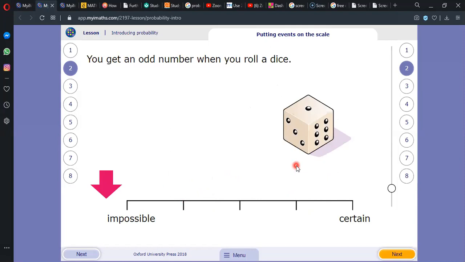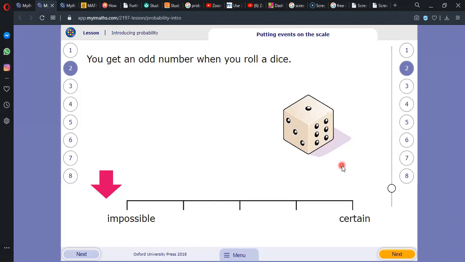This is a dice. Now, when you roll a dice, what is the chance that you get an odd number? We all know a dice. You can see the diagram of a dice here. You have numbers 1 to 6 on a dice. How many of those numbers are odd numbers? Of course, 3 of them: 1, 3, and 5.